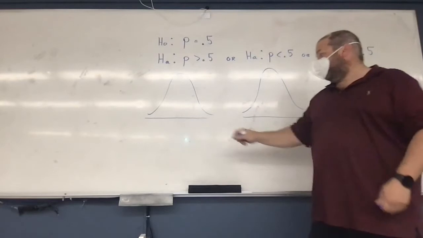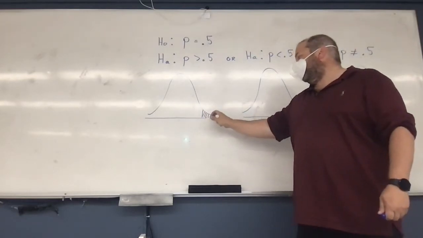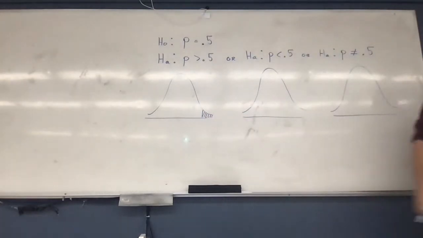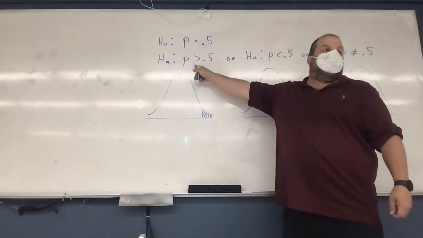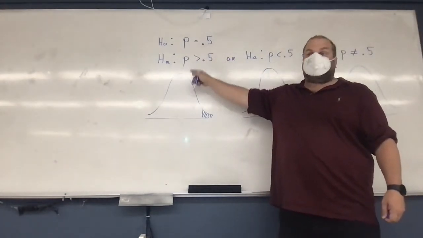To the right. My actual data should be somewhere on the far right if I'm going to reject equals in favor of greater than.